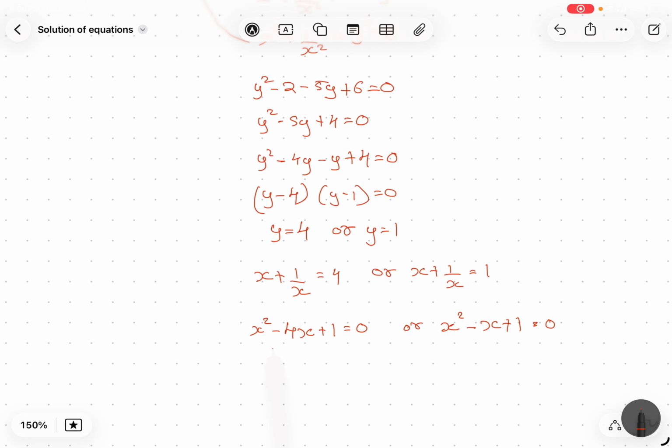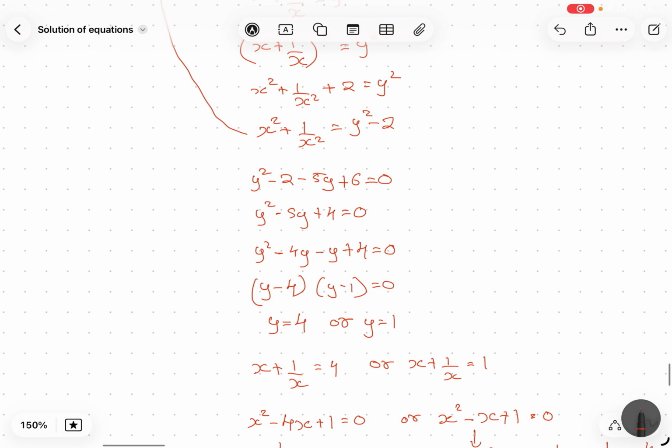In such cases, the roots would be x equals to 2 plus minus under root 3. And this would give me complex, not real roots.